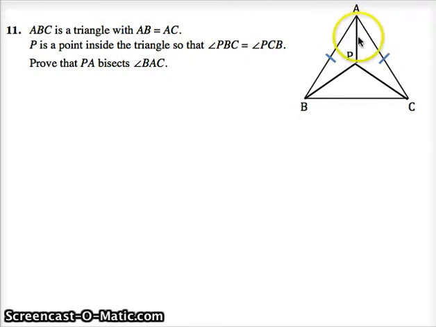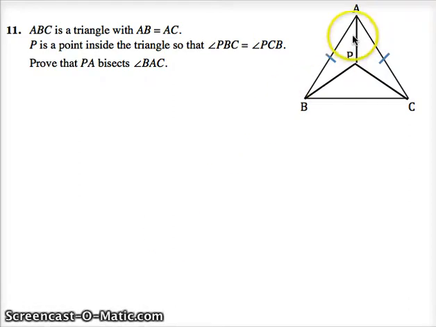Now, to prove that it bisects it, what we really want to prove is that angle BAP is equal to angle CAP. And if we can prove that those two angles are equal, we can then say that PA bisects angle BAC.